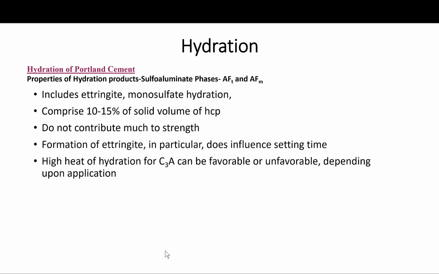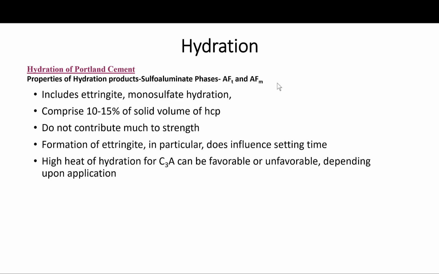Okay, the next products are the calcium sulfoaluminate hydrate phases, which you can see here. The AFt refers to ettringite, and the AFm to the monosulfate phase. The calcium sulfoaluminate hydrates occupy about 10 to 15% of the solid volume in the hydrated paste.